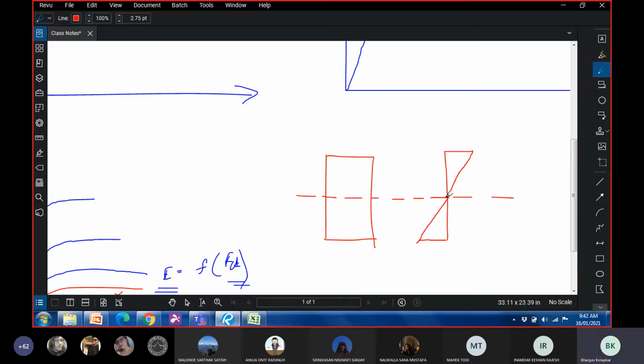So 0 at the neutral axis, and as we go away from the neutral axis, the value of strain is going to increase, and here we'll have maximum strain. We'll have an equivalent value here but opposite in nature. So that gives us the variation of strain in the cross section. This is the fundamental assumption in the theory of bending.